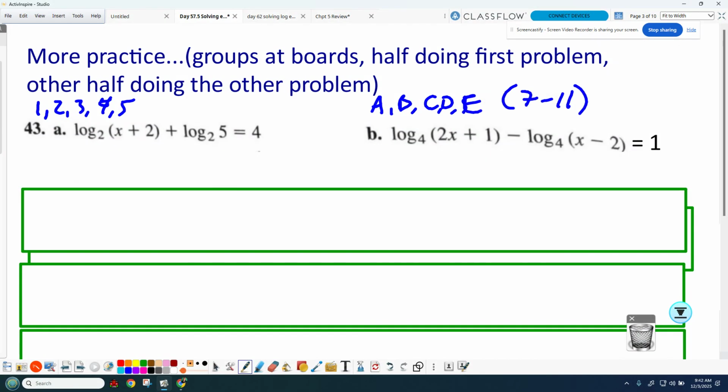Group 7 through 11, so Dylan and Mayuna team up with Alicia and Nate. Up at the board, write the problem down, show your method. Why don't you just go to the board and give it a go? Stand up, walk around, do something. Motivate.